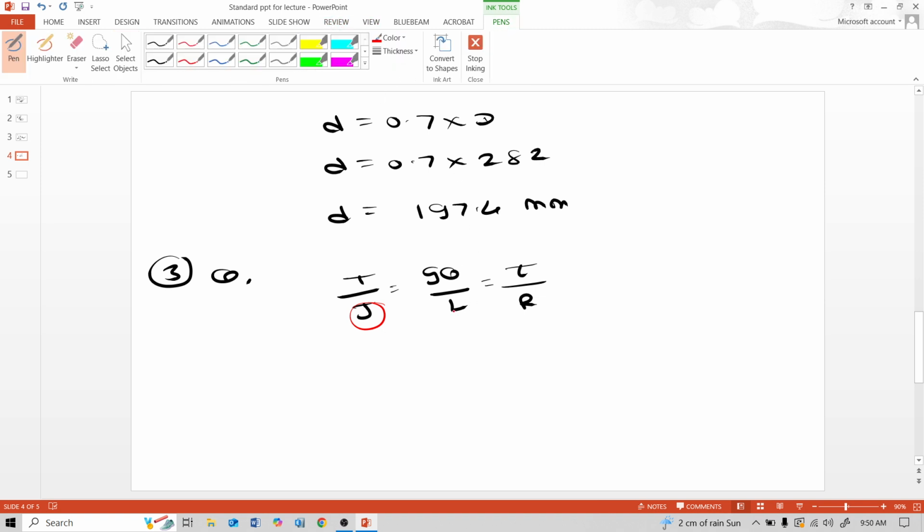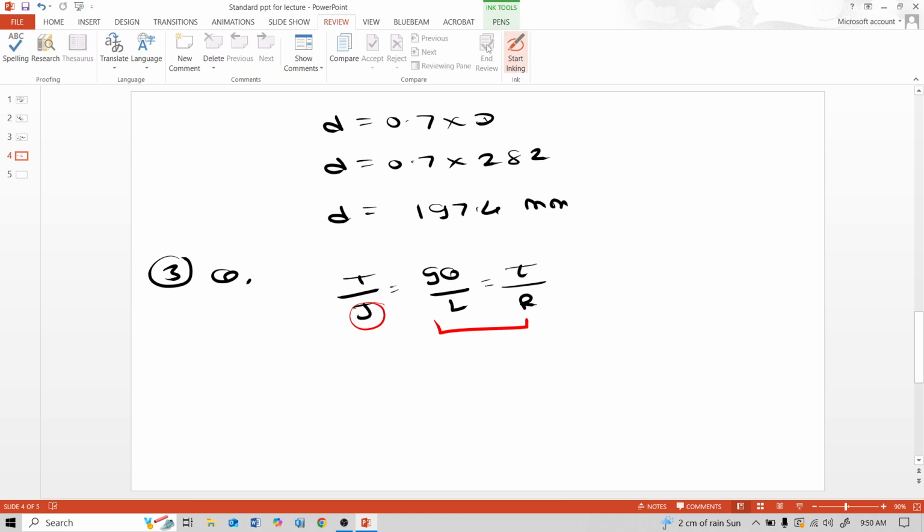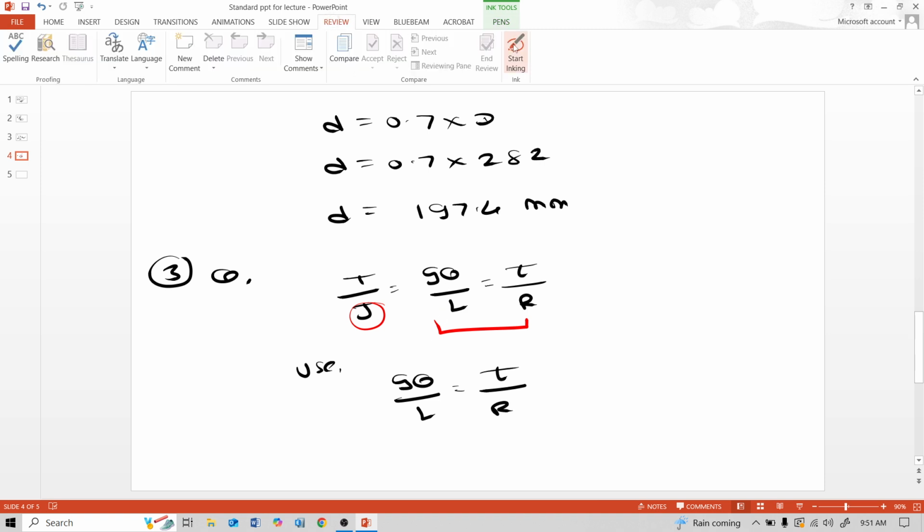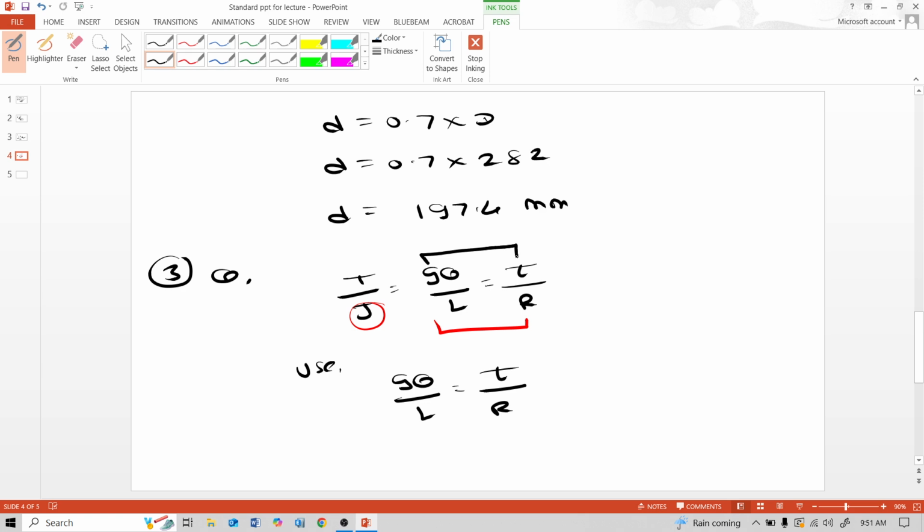Using both of these relations, we will get this theta. We use G theta by L is equal to tau by R. Why do I use these two relations, G theta by L and tau by R?